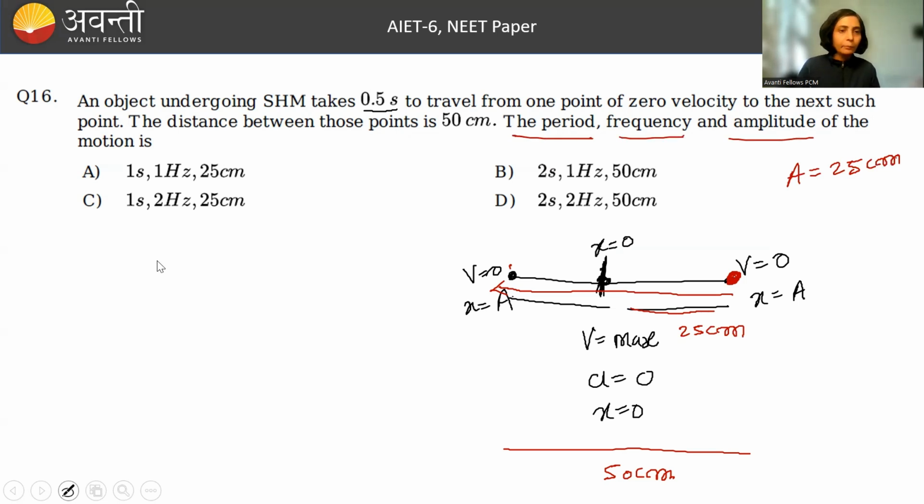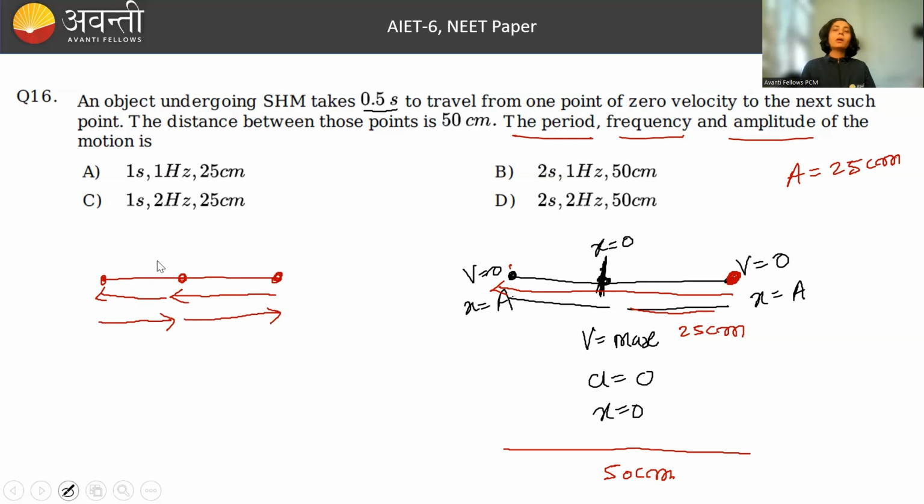So what will be the time period? One time period means the particle reaches the same point from where it started. Suppose my particle started from one extreme and is moving towards the other. First it will reach the mean position, then go to the other extreme, and then come back like this and reach here.